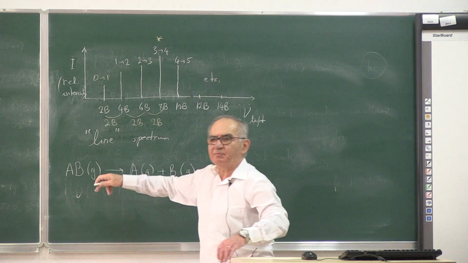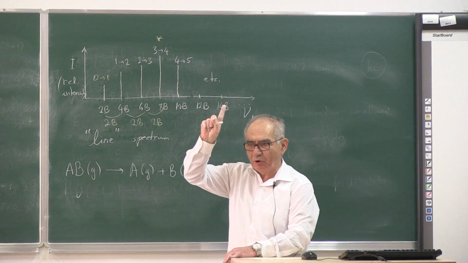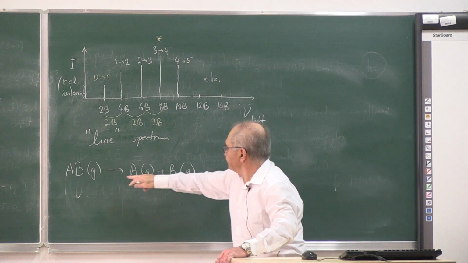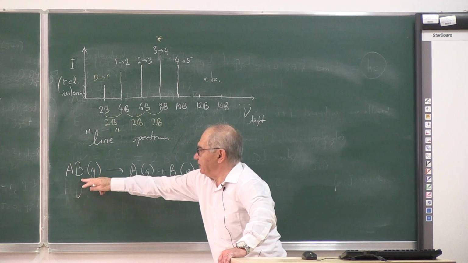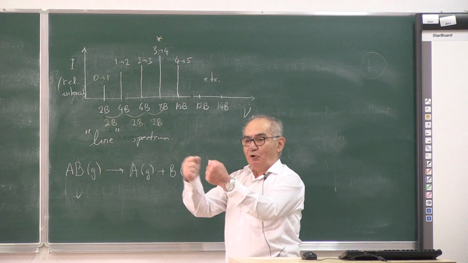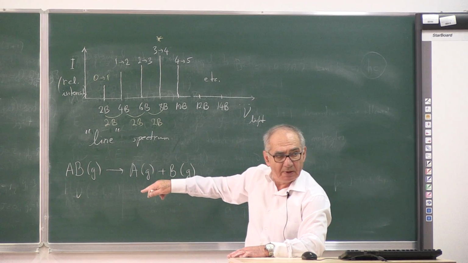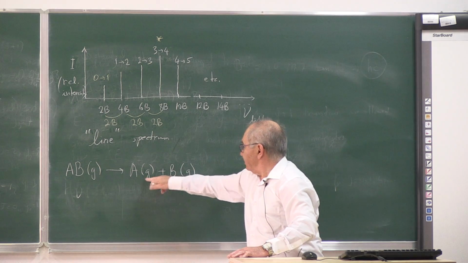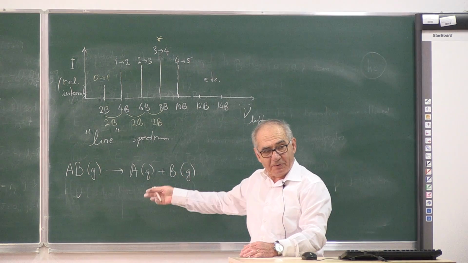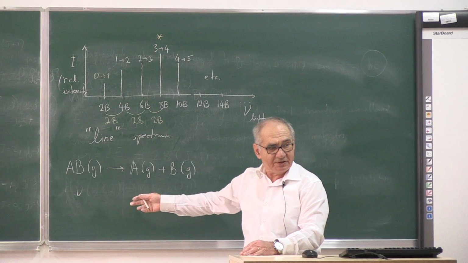The phase symbol gas means we are talking about a single molecule. Initially, AB. This is the bound molecule, AB. But on the right side, what do you see? The two atoms are separated. So what is this? This is dissociation, isn't it?